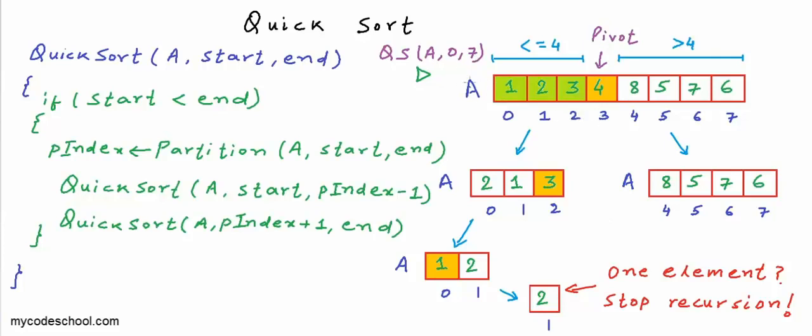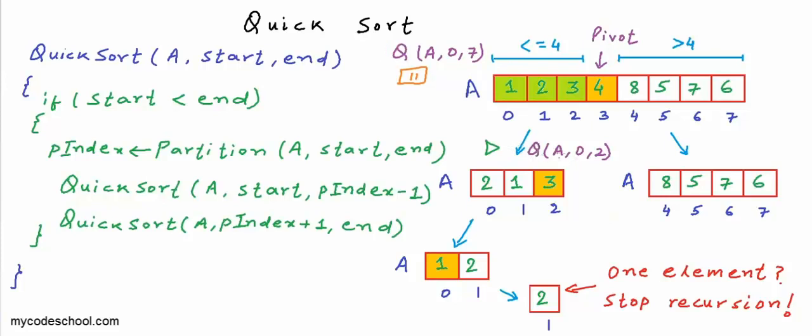So this quicksort call will make another quicksort call with start index 0 and end index 2. Whenever a function makes another call, the execution of that particular function call is paused. The machine says, hey, I'll come back to you once I have finished this other call.